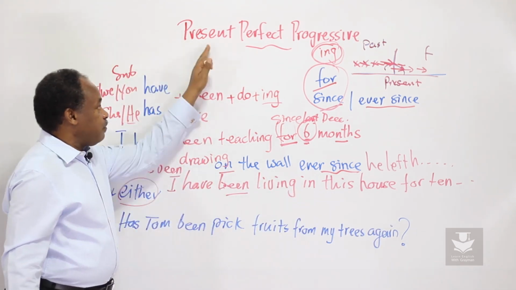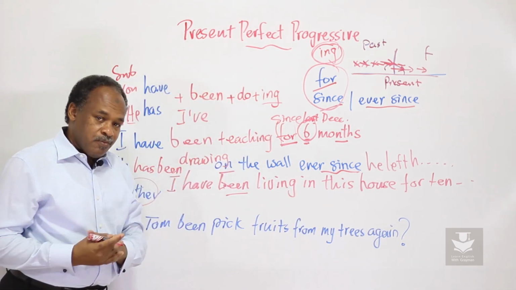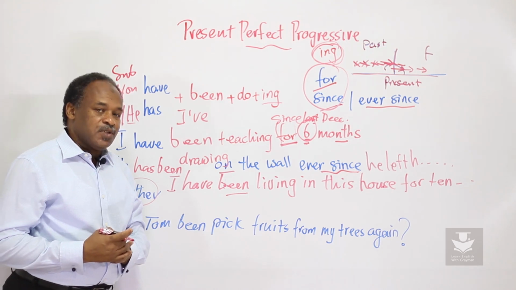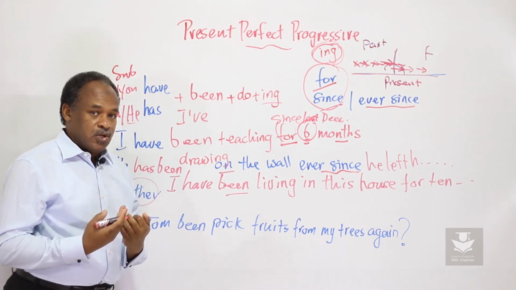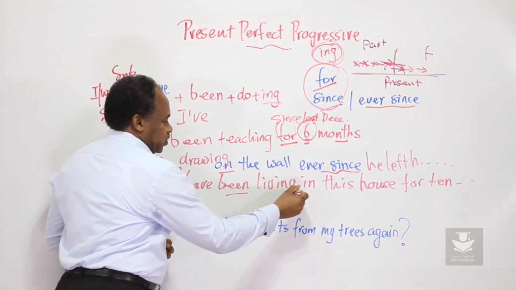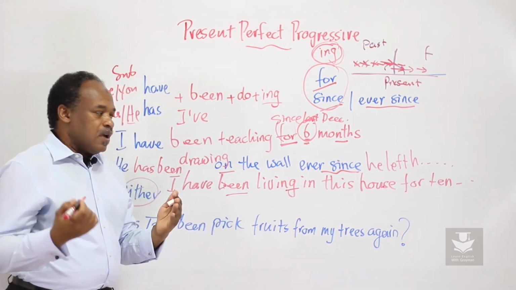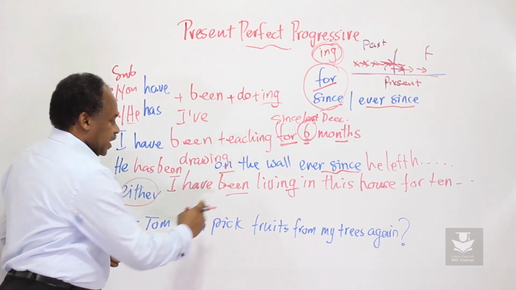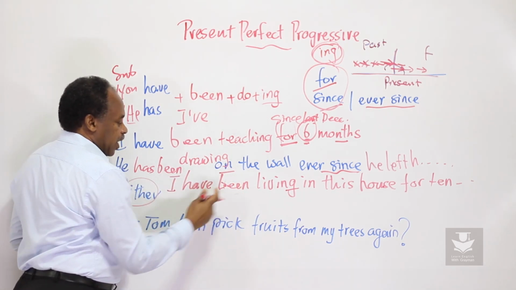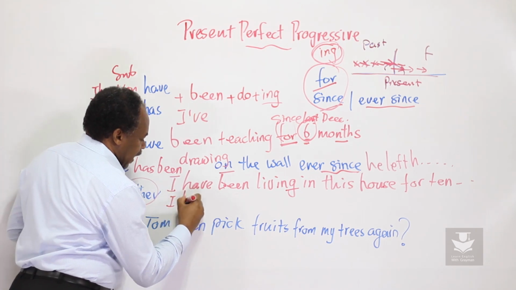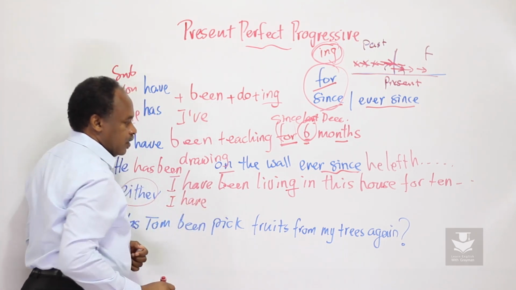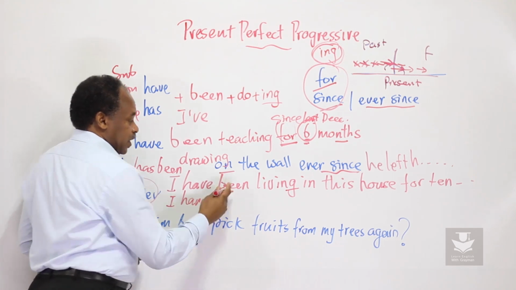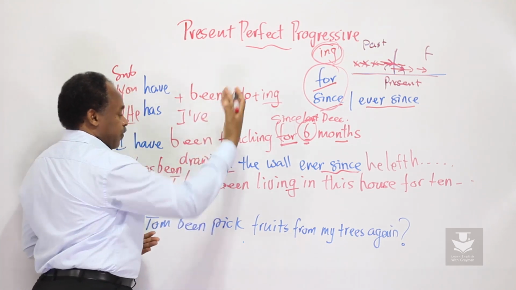Is this present perfect continuous or is it present perfect simple? This is present perfect continuous because it has ing. Let's express this situation in a different manner. I have not been. I need to write present perfect simple.